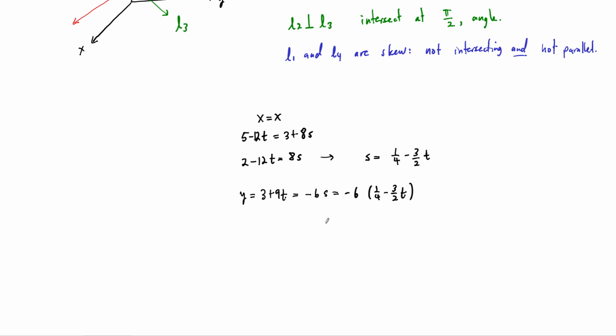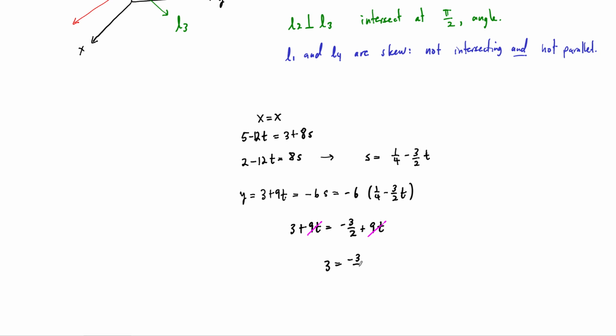And here's what we do now. We have 3 plus 9t equals, on this side, negative 3/2 plus 9t, and these two 9t's are going to cancel, and look what we're left with.